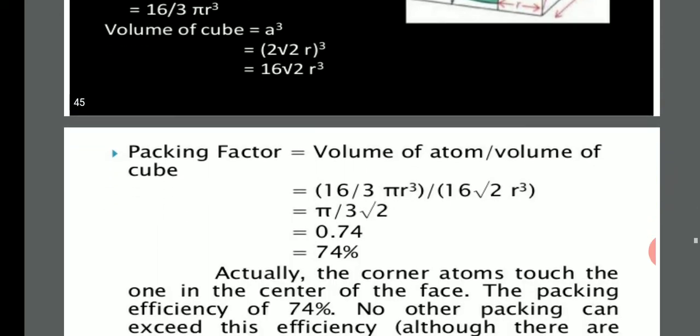So the volume of the atoms in the cell is 4 into 4/3 pi r cube, that is 16/3 pi r cube. The volume of the cube is a cube, so (2 root 2 r) cube means 16 root 2 r cube.